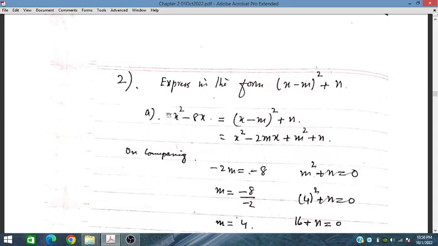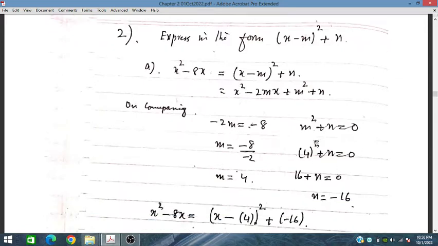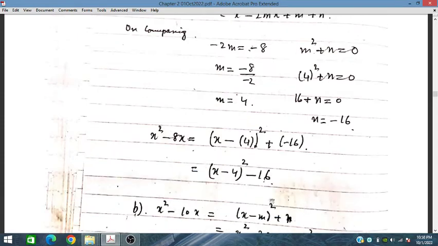Here we have 1, and 2m is equal to minus 8, m square plus n is equal to 0 because no constant is there. So m is this and n is this. From m and n we can place m and n here. This is x minus m square plus n. So we can write it like this.